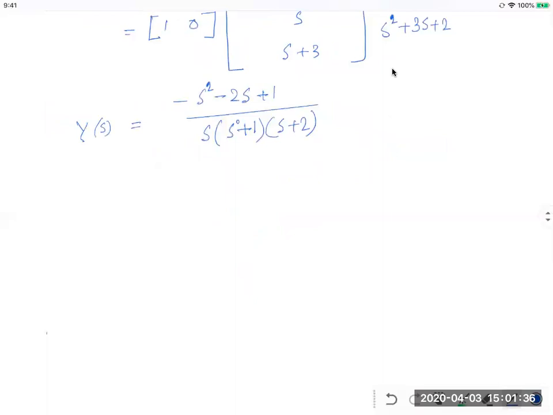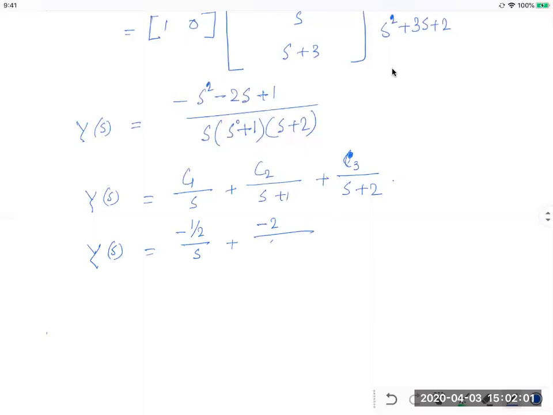Now Y is written as c1 by s plus c2 by s plus 1 plus c3 by s plus 2. Actually minus half by s plus minus 2 by s plus 1 plus half by s plus 2. So we have to use partial fraction to find the values of c1, c2, c3.